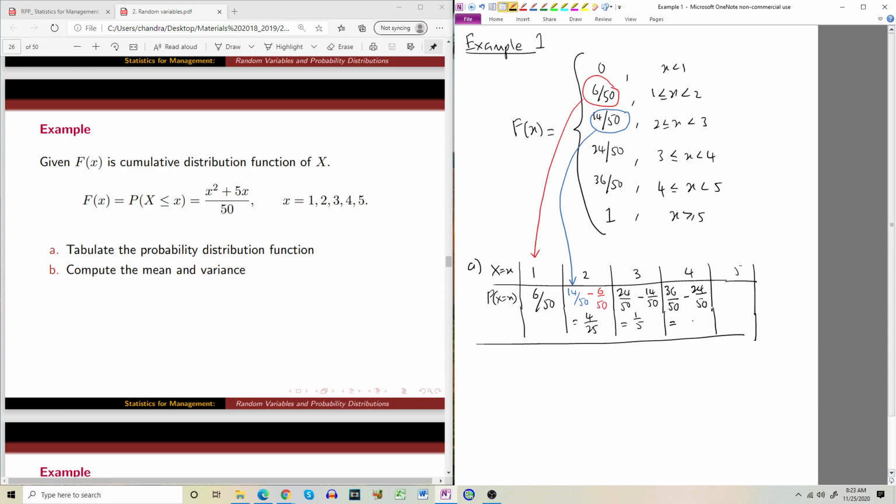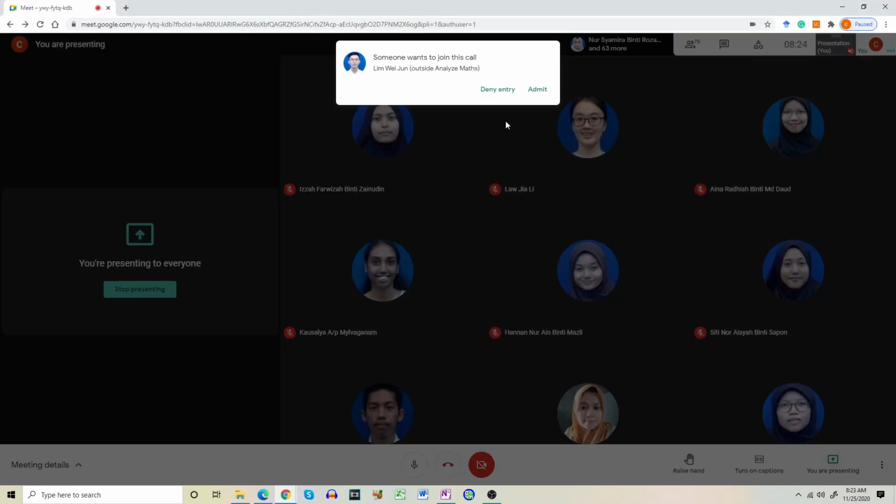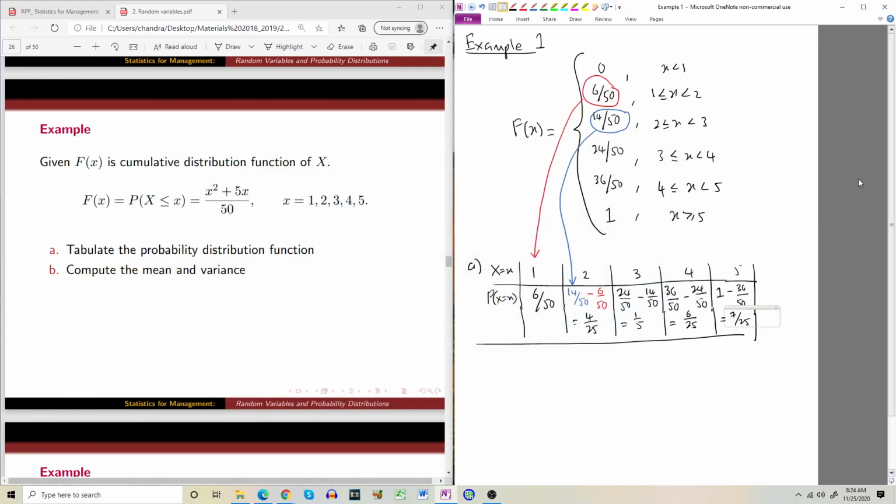This is 6 over 25, and number 5 is 1 minus, and this is 7 over 25. Okay, now you have the probability distribution function, and now you can find the mean.